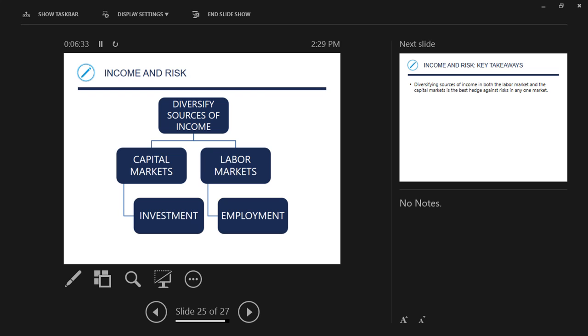You can also diversify your income as far as employment. Maybe you don't just have one job. So you've got your main job, but you also, say if you're a teacher, do something in the summer. And if you don't have that summer job, you still have your main job to fall back on.